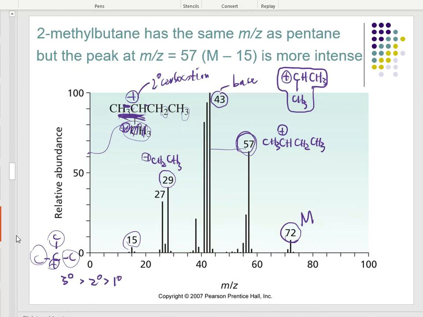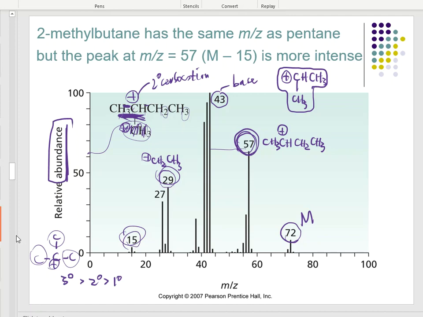So not only does the fragmentation pattern go by the weights of the fragment, but it also goes by the abundance of the fragment as well. That's how it determines the difference between pentane and 2-methyl butane. It looks at the heights of the peak, and it says, you know what?